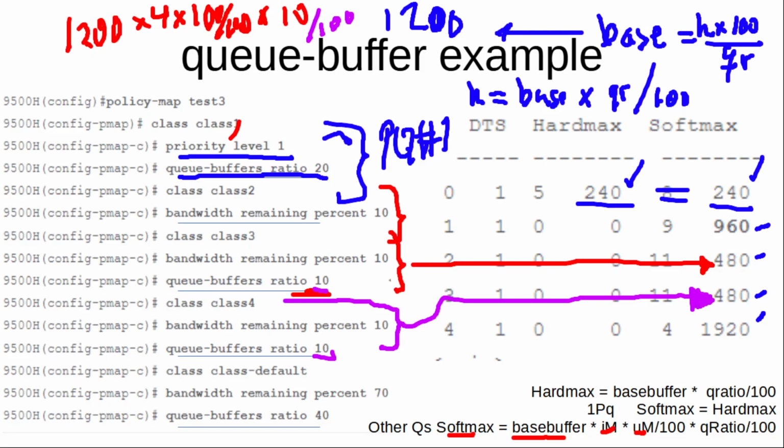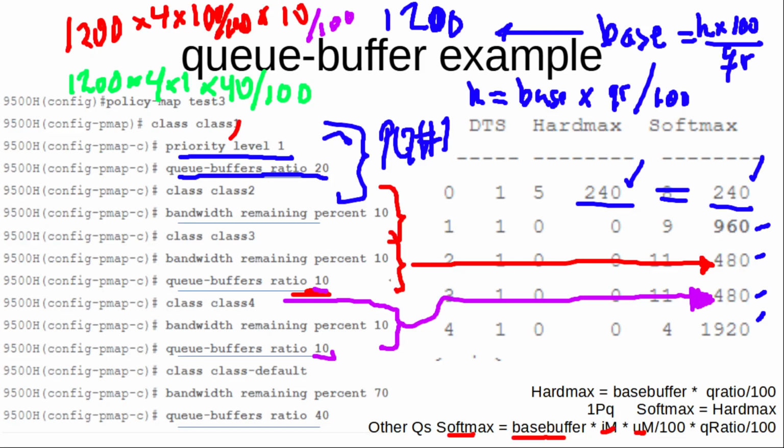Then for the class default queue, we use the same formula: 1200 times 4 times 1, then multiply that by the Q ratio, which is 40, and divide that by 100.